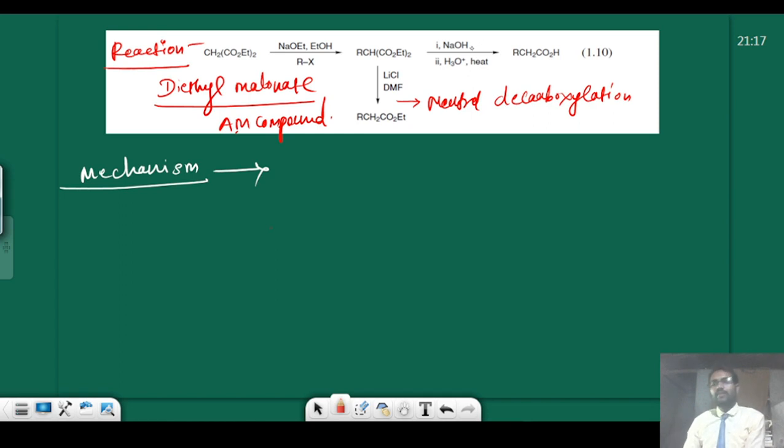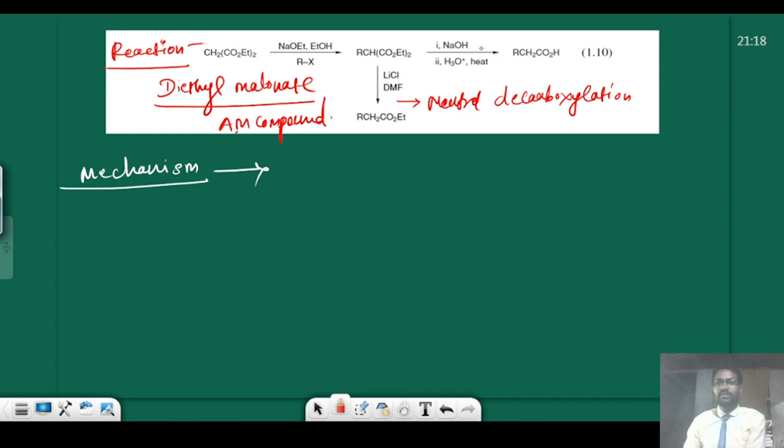After hydrolysis, we can simply heat the reaction in basic medium. After doing the hydrolysis, there is a formation of two carboxylic acid groups.